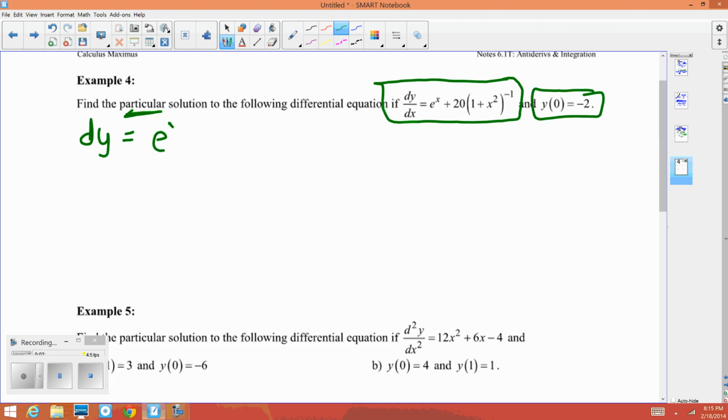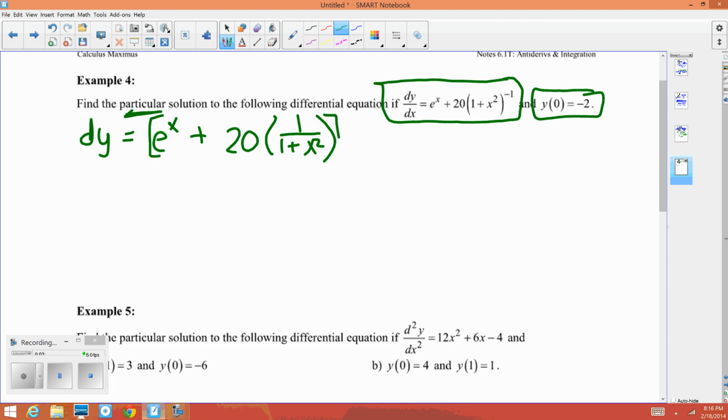Now, I don't know if I like it written that way with that negative exponent because I don't know how to undo a chain rule yet. So instead of writing it like 20 times this to the negative first, I'm just going to write it like that. I like that better. It just looks better to me.